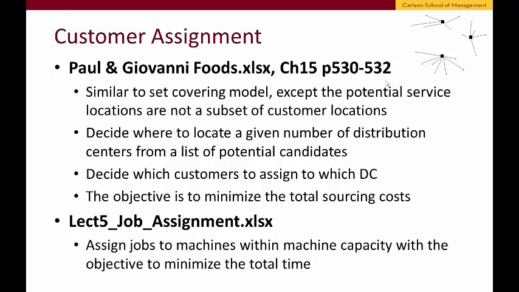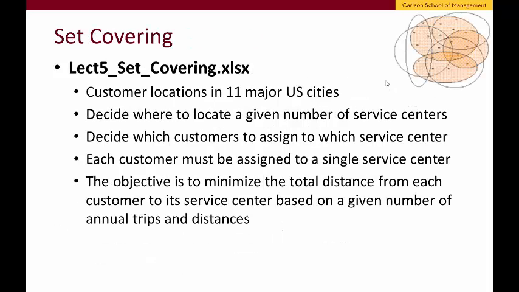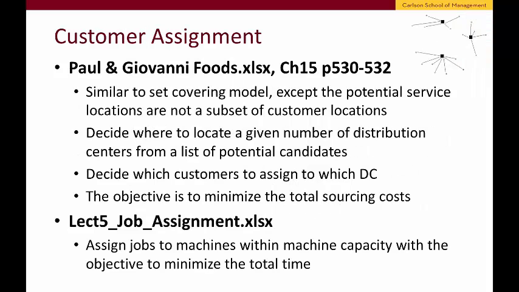So it's the same as it was in the set covering example with these 11 major cities and servicing them from 3 locations. So these constraints are again necessary to force the assignments of customers to selected DC locations, just like in the previous set covering problem. The difference again is that DC locations are not part of the customer location set, but the same logic still applies.